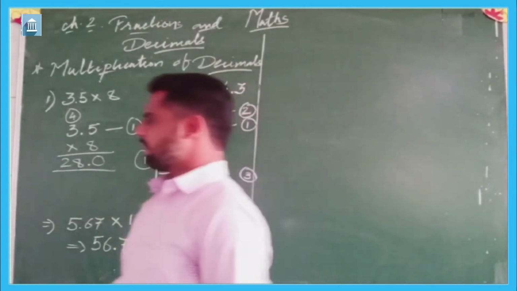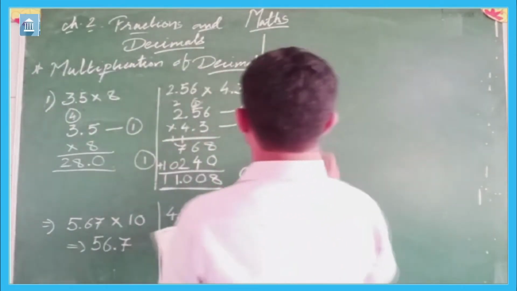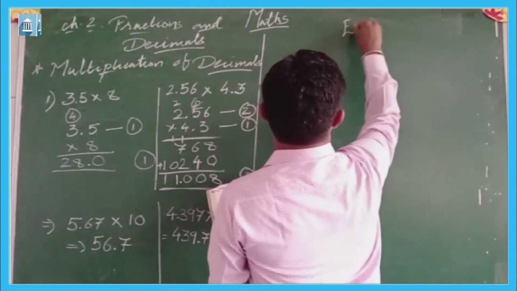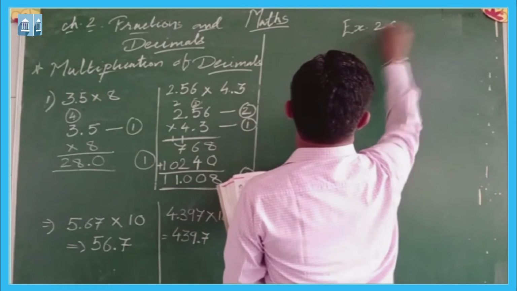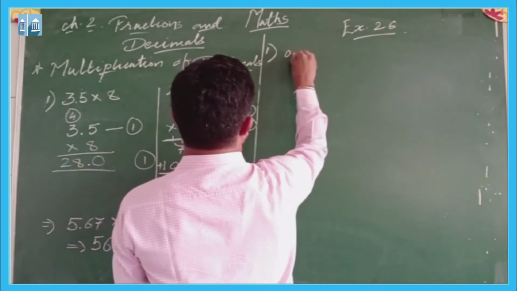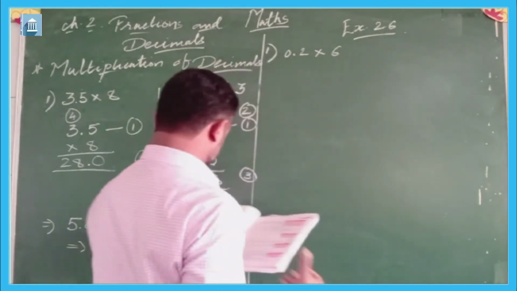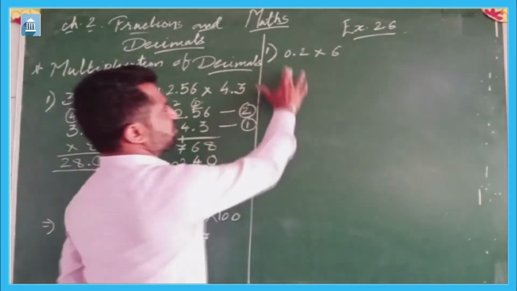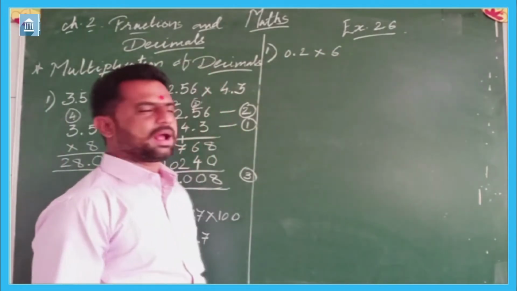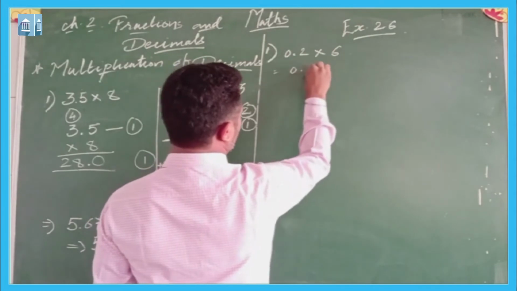Now let us do exercise 2.6. Question number first is from exercise 2.6. Question number first is 0.2 multiplied by 6. Now let us solve it. 0.2 multiplied by 6. As we have done it, 0.2.